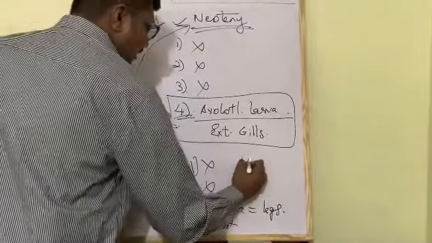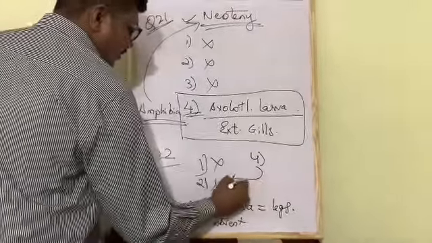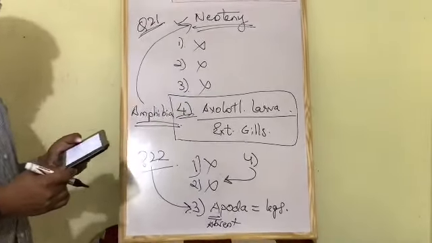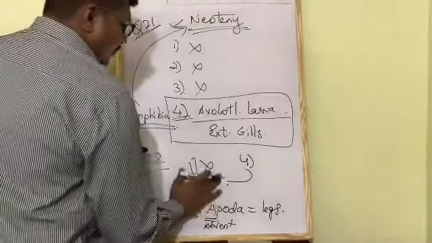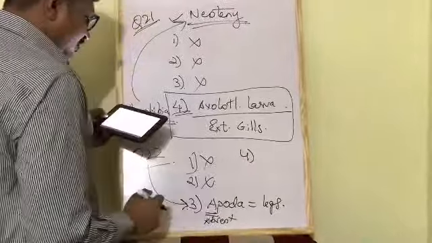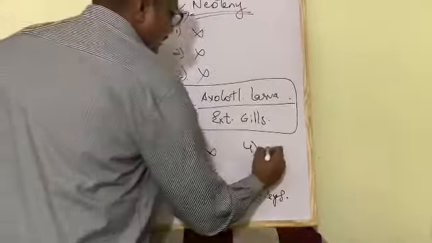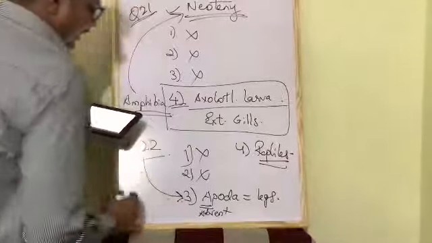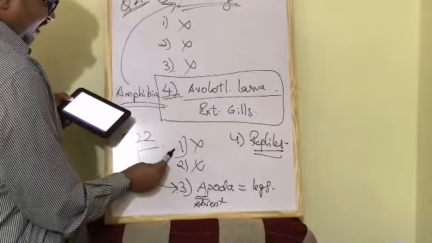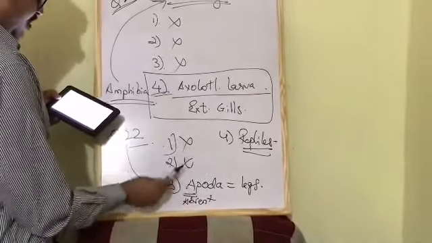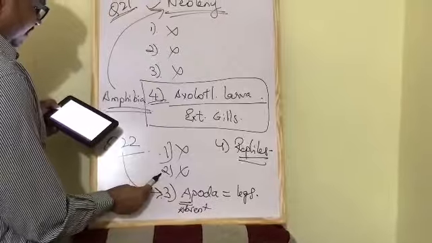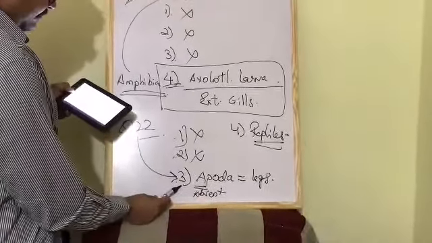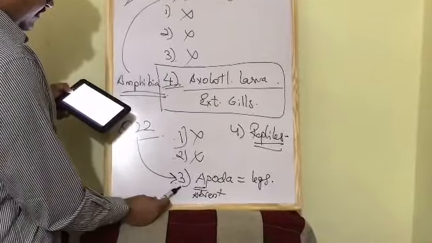Option number 4 is Squamata. I'm sorry, Squamata is for reptiles. This doesn't belong to amphibia. So option number 1 is amphibia, Anura. Option number 2 is Urodela, which is also amphibia. Option number 3 is Apoda or Gymnophiona, which is also amphibia.